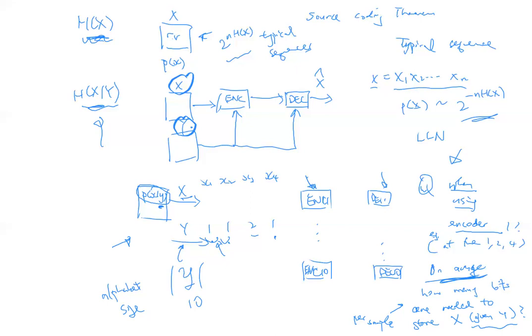And at those time instances, on average, how many bits per sample are needed to store x given y? Maybe if I have a better table, it'd be nice. Let me remove this keyboard here so I can write.